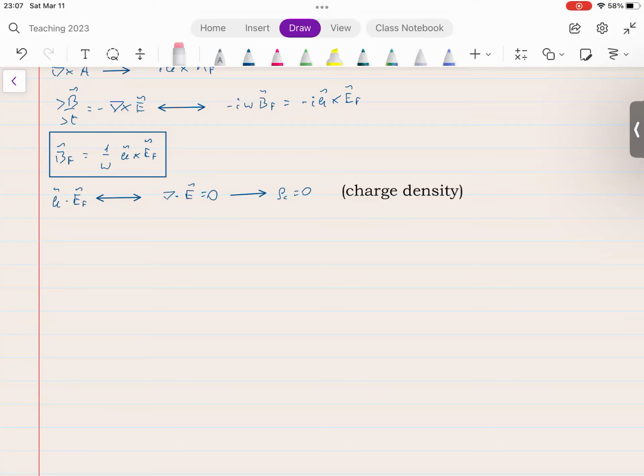Now, from what we've seen in lecture 19, for this wave, omega square was equal to omega plasma square, but this is the omega plasma that involves both ions and electrons, plus k square c square.